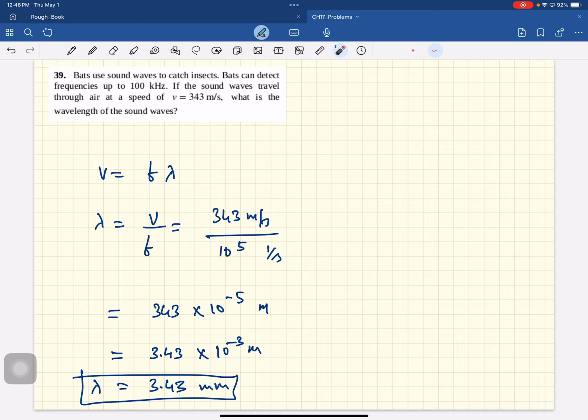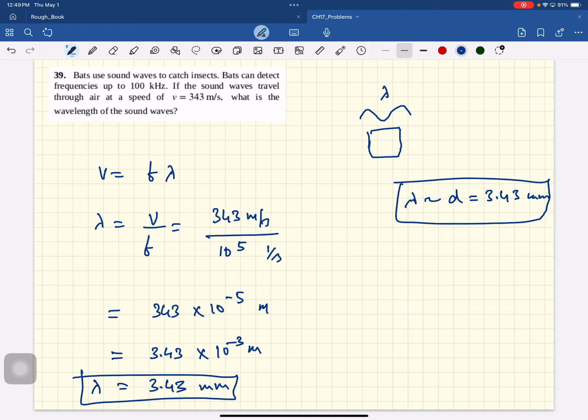And with this wavelength, the smallest bug you can see is roughly that big. So the smallest bug you can see is about 3.43 millimeters. So this bat can see a bug that big. It can't see bugs smaller than that.